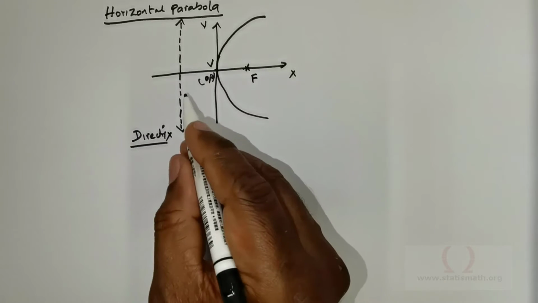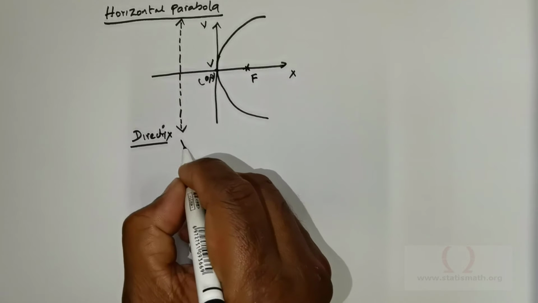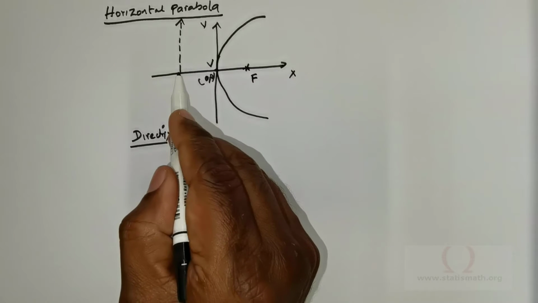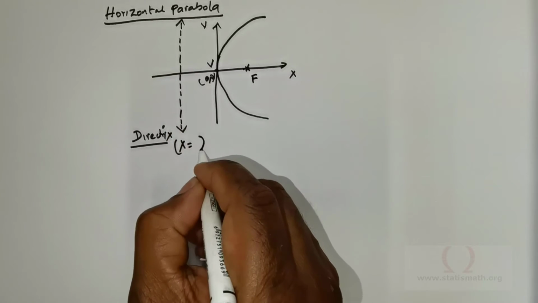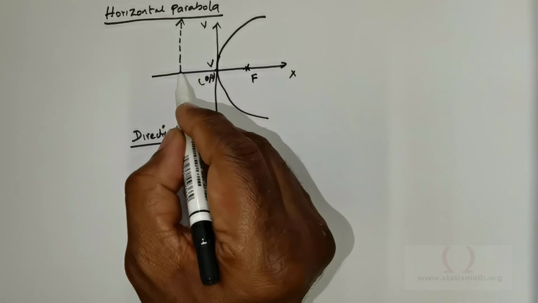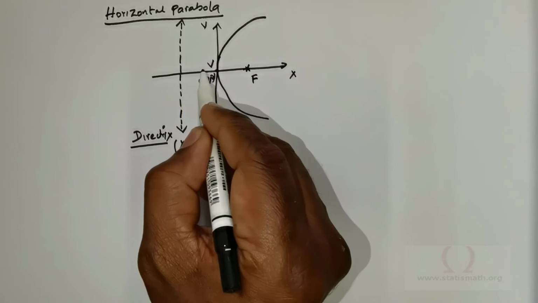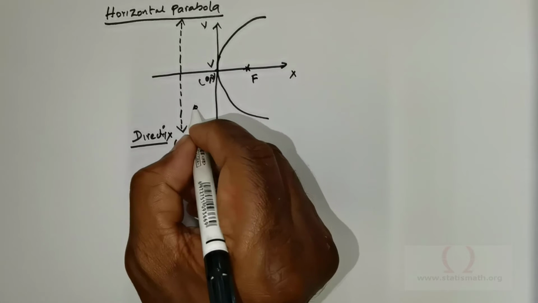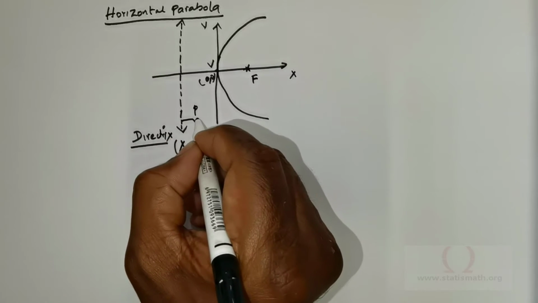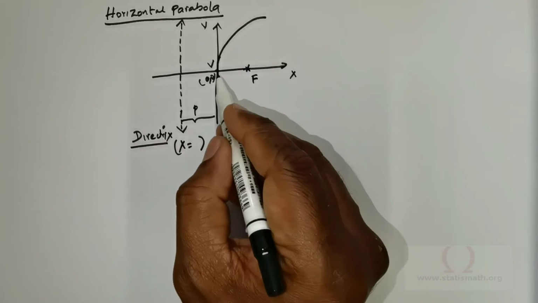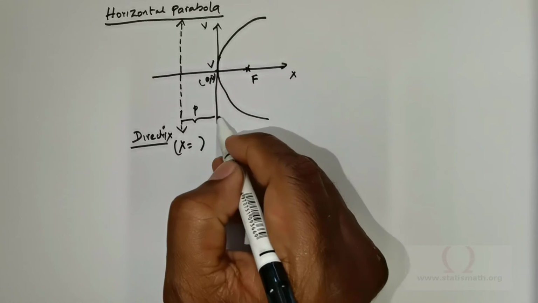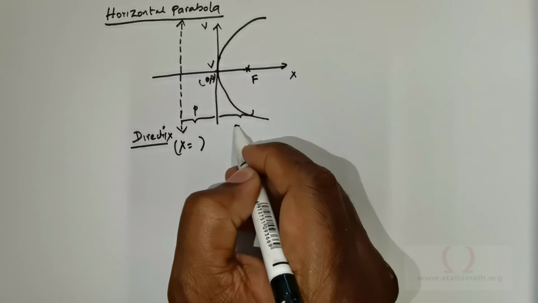Okay, and the equation of this line will be x is equal to, depending on the point through which it passes. The distance between the directrix and the vertex will be p units, and the distance between the vertex and the focus will also be p units.